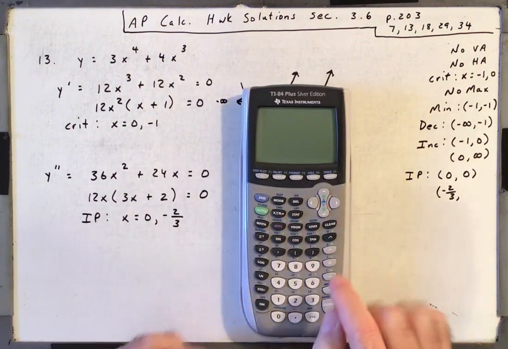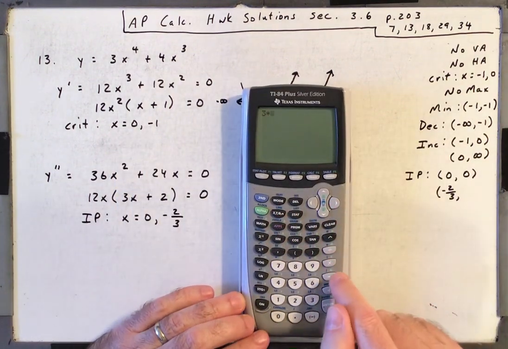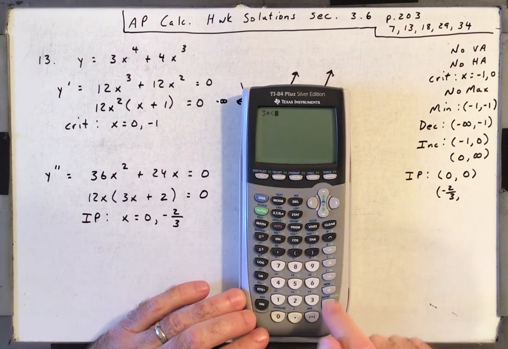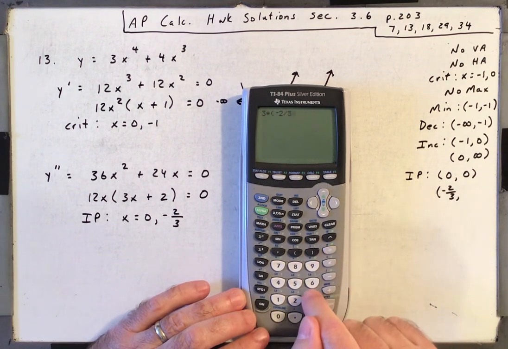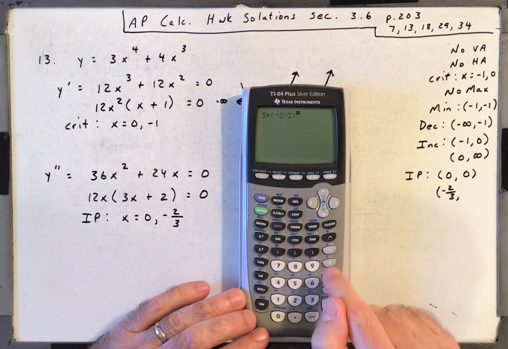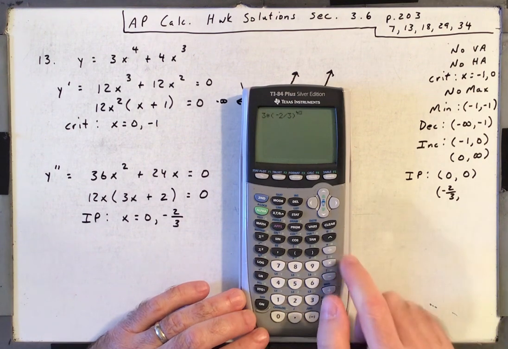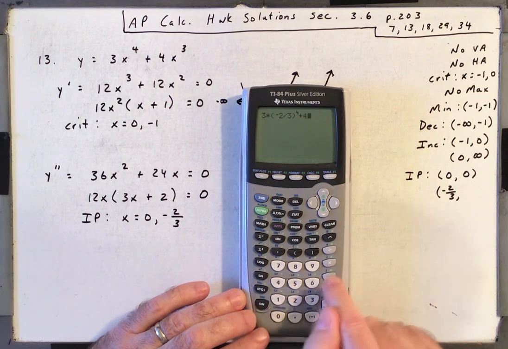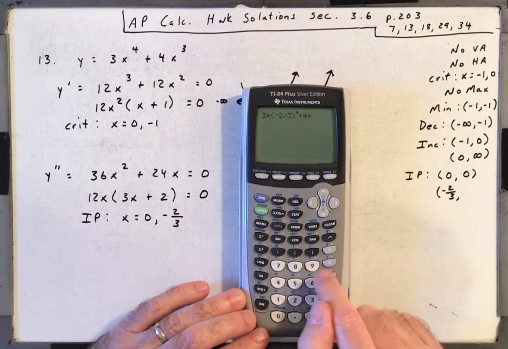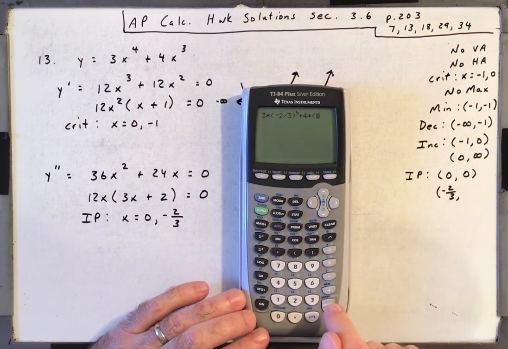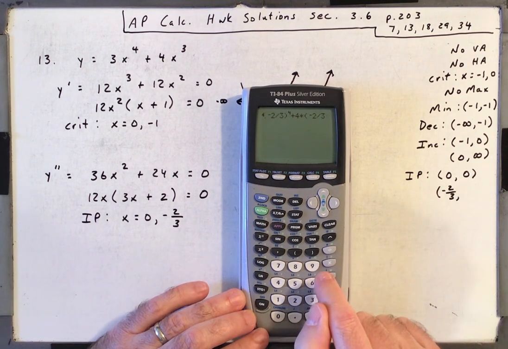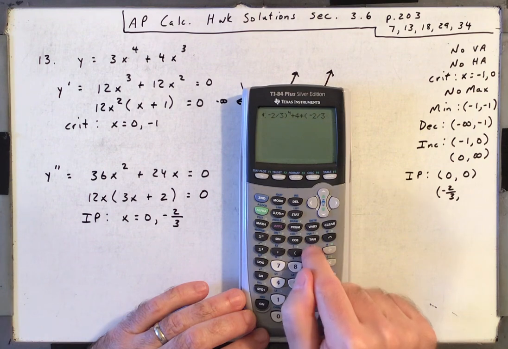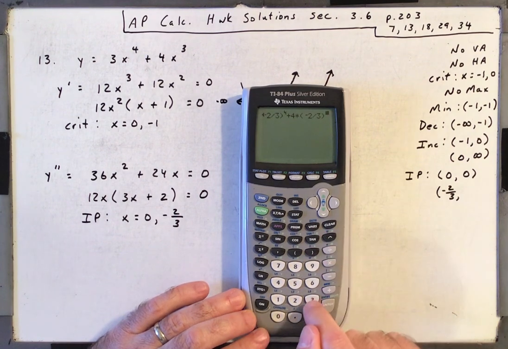So I'm going to do 3 times left parenthesis negative 2 divided by 3 right parenthesis, raise that to the 4th power, and then arrow right, plus 4 times left parenthesis negative 2 divided by 3, close the parenthesis, raise that to the 3rd power.